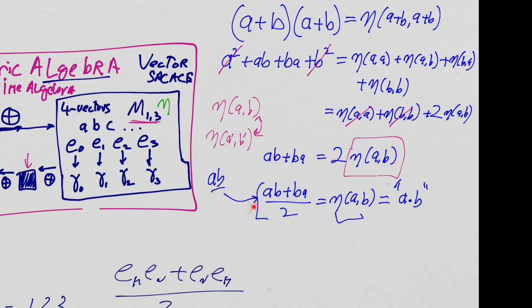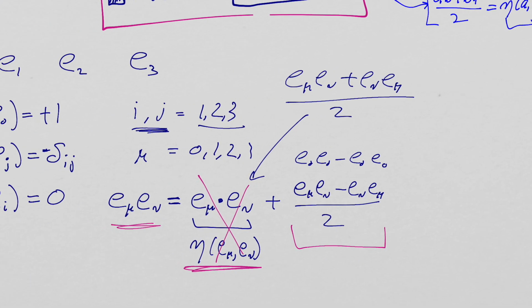In order to say that the symmetric part was in fact the dot product, I used this proof, but then I applied that right here to say that the symmetric part of this is 0, therefore it's just the anti-symmetric part.